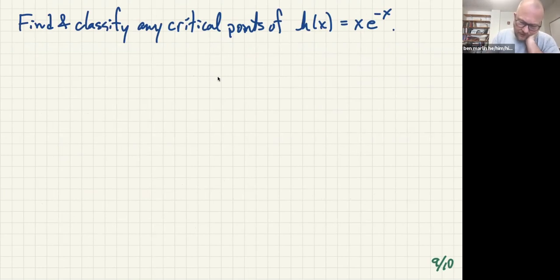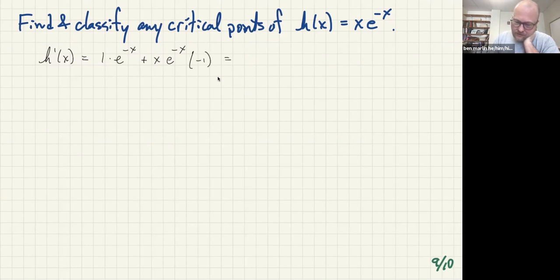So, all right. So the next one here, we're going to find and classify any critical points for x times e to the minus x. This will probably have less work for it. So h prime of x, we have to use the product rule. So 1 times e to the minus x plus x times e to the minus x, derivative of e to the anything is that same thing back. But then the chain rule says we have to take the derivative of the anything.